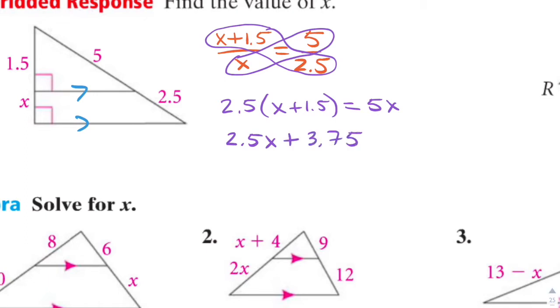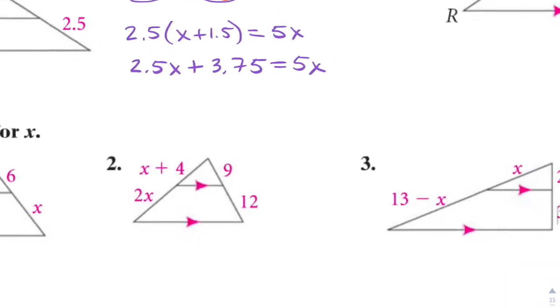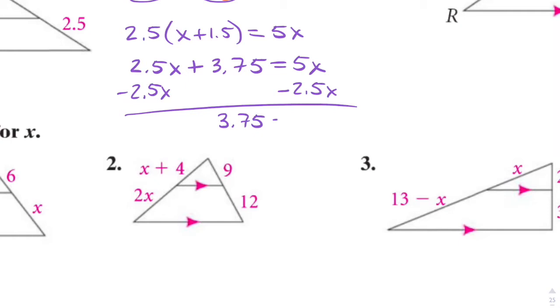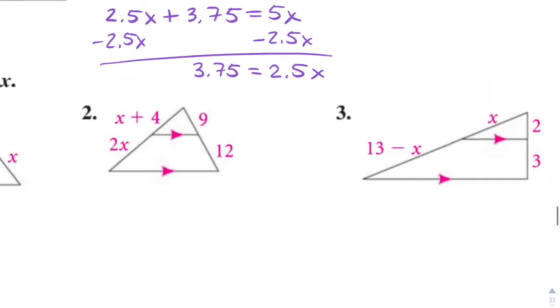3.75. We're going to take 2.5 away from both sides. So we get 3.75 equals 2.5x. And we're going to divide both by 2.5.